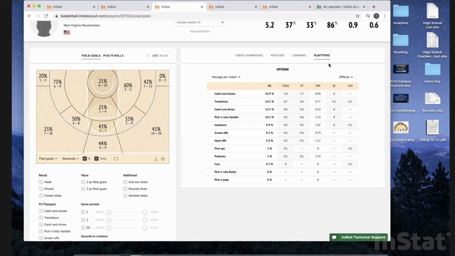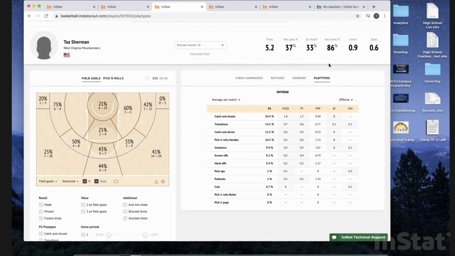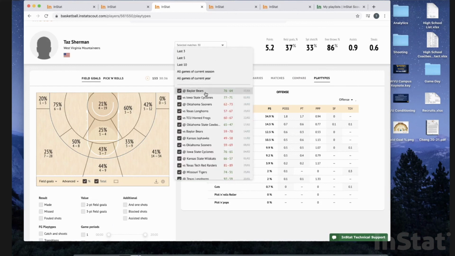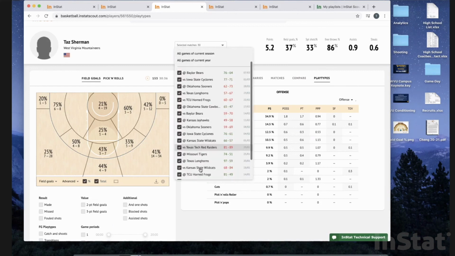One thing that I do focus on, especially in the NCAA, is we don't necessarily like to just focus on the whole season, just because the variance of competition can vary. So we'll focus a lot more on conference schedule only.